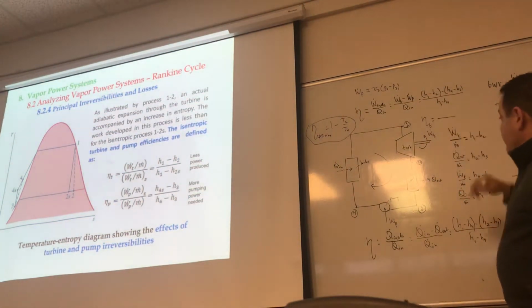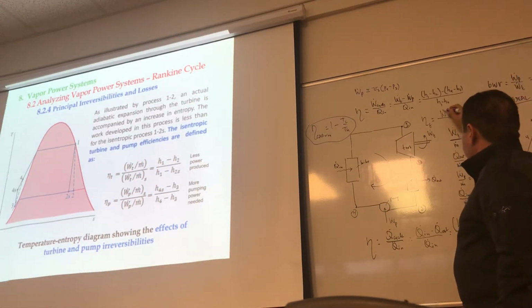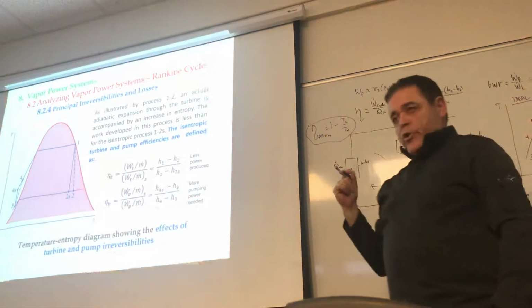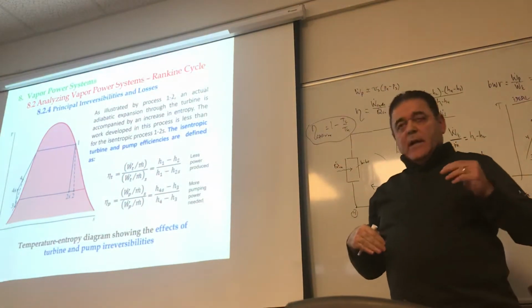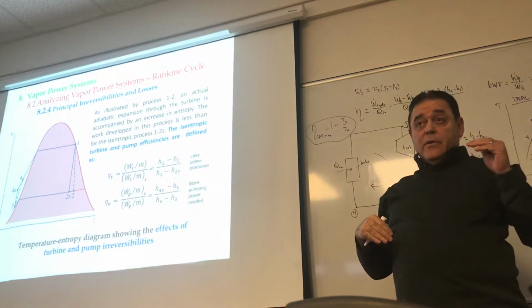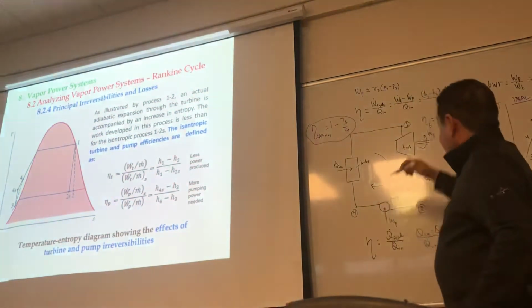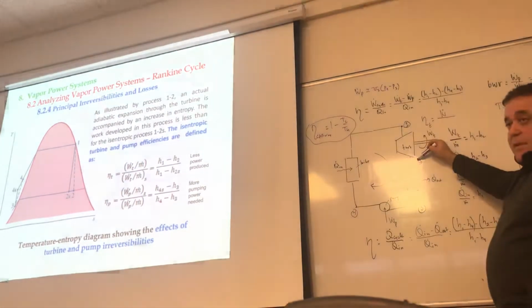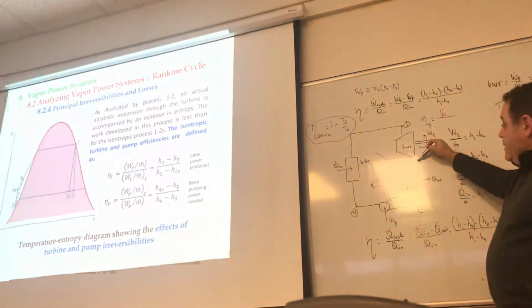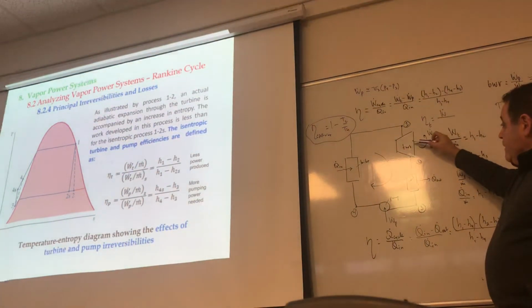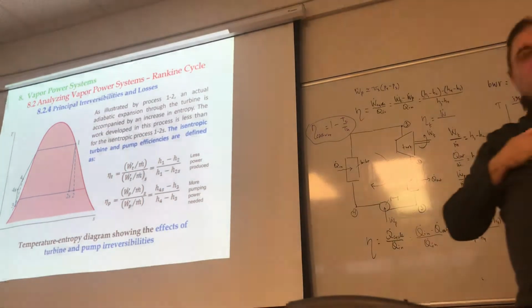Now, let's take a look at this. Where would you produce work better? Is it if the fluid is going through it isentropically or non-isentropically? I mean, what would you get the highest work?